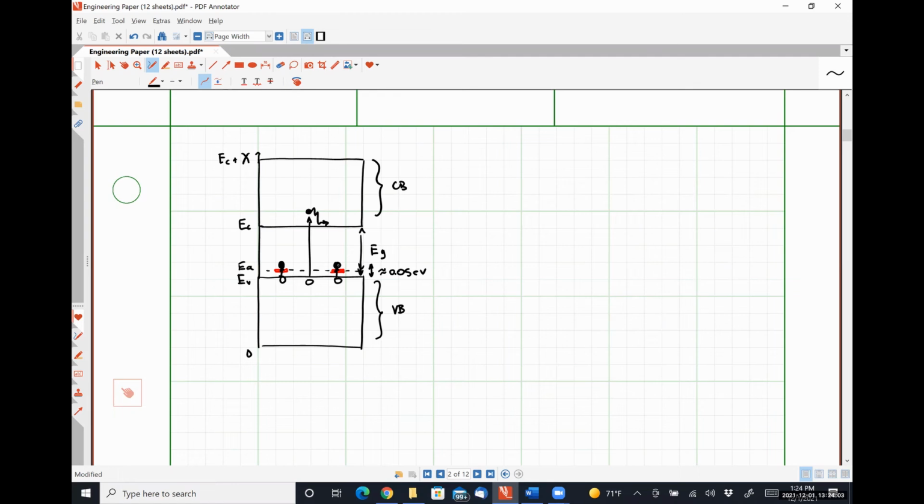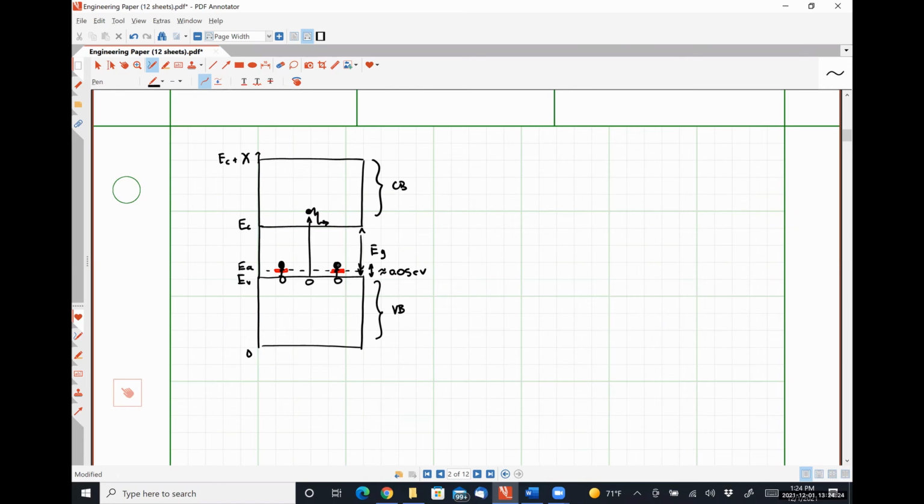And every one of those guys that effectively gets trapped up here because it takes so little energy to push it there leaves behind a hole available for our system to actually conduct well. Okay.